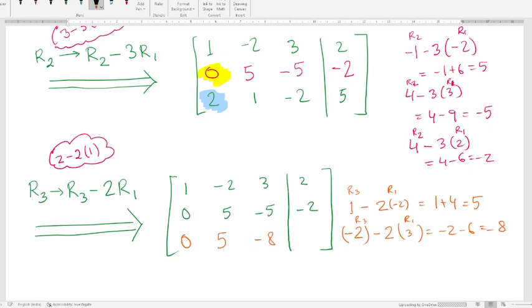So minus 8. Finally, the third row element of the fourth column was 5 originally, right? So R3 minus 2 times 2, because 2 is the R1 element of the fourth column. So what we get is 5 minus 4, which is equal to 1. So we write down here 1.